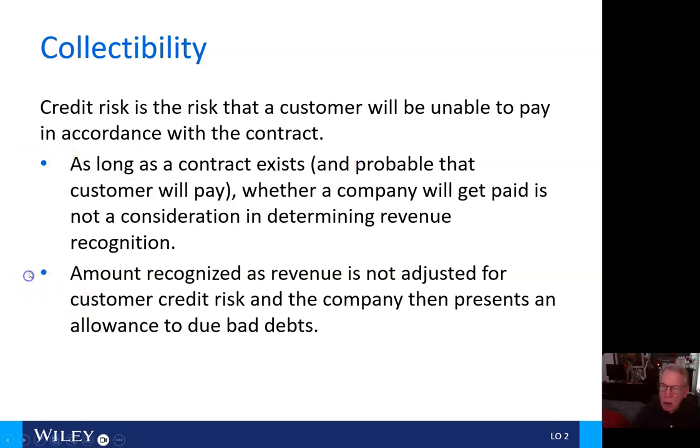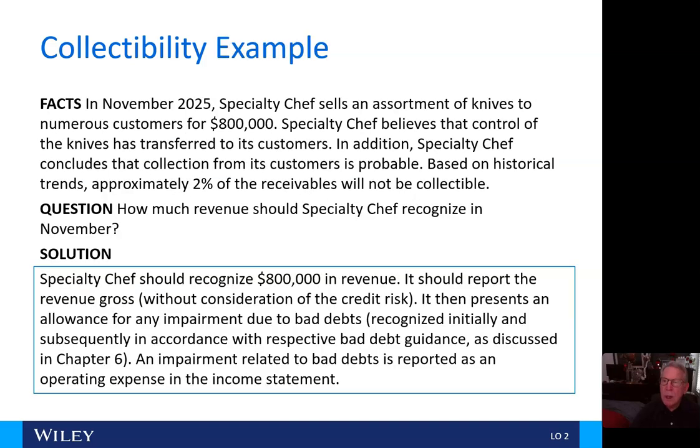And number 2 here, the amount recognized as revenue is not adjusted for customer credit risk, and the company then presents an allowance for bad debts. Okay. All right, that one is pretty easy. I think you would recognize that from your original financial accounting course.